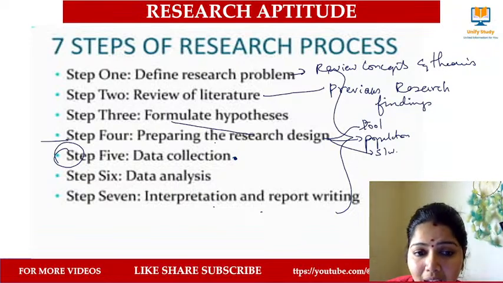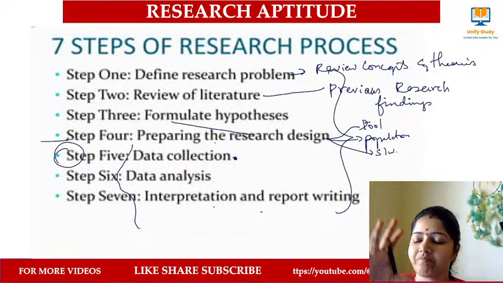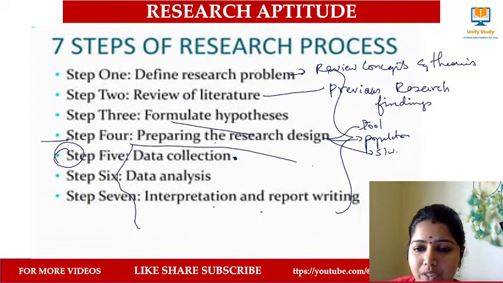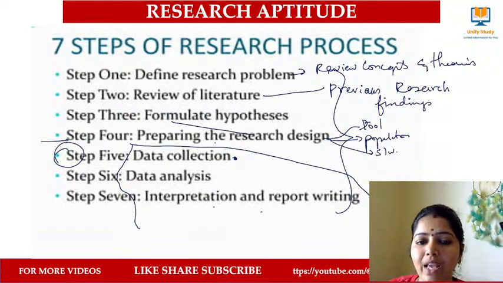So this area, the data collection, analysis and interpretation, are the most vulnerable part of research. Why it is said to be vulnerable is that there we can have the possibility of mistakes.